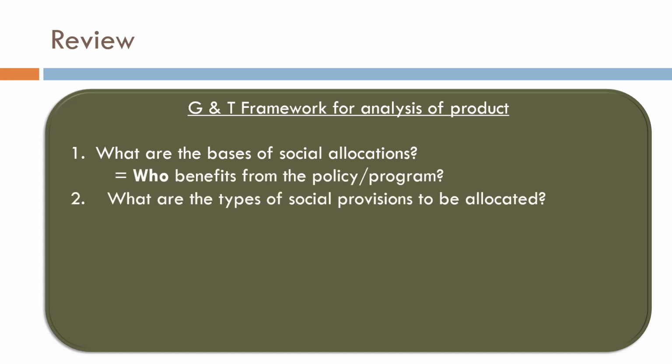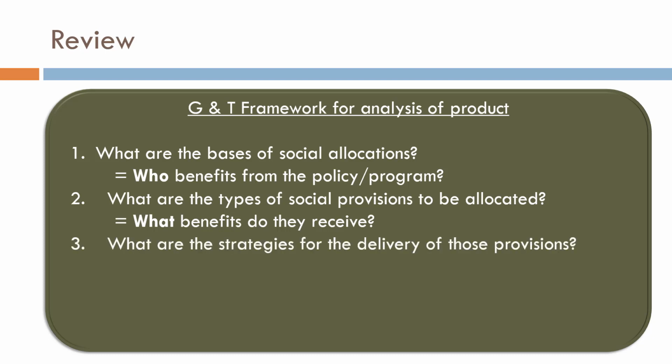The second question was about the types of social provisions to be allocated, which involves the types of benefits that are given to those who qualify for the programs. And then what are the strategies for delivery of those provisions is the third question, which involves the design of the delivery system, how those benefits are going to be given.